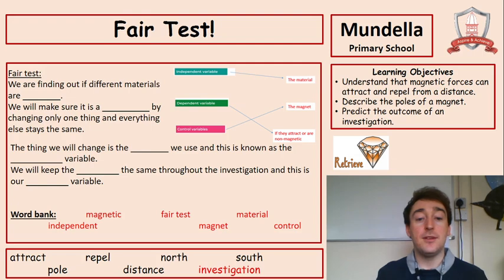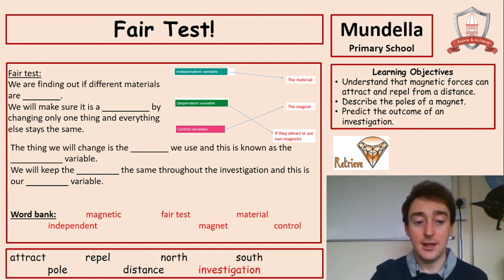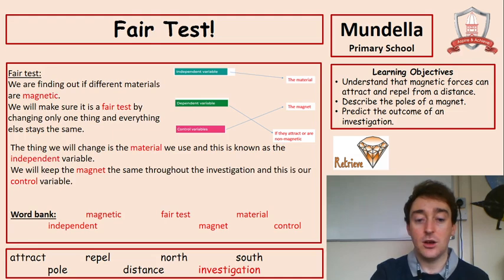Right, now I want you to pause the video and have a go at filling in this gap fill. So pause the video now and use the word bank below to help you fill in the gaps. And we'll look at the answers in 3, 2, 1, go.